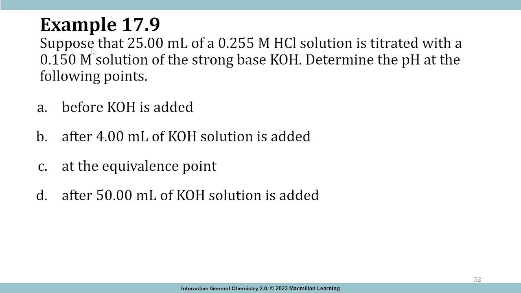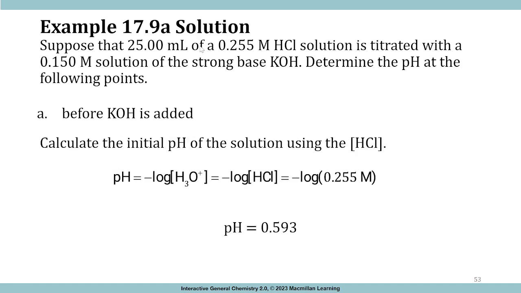This is just the concentration of the HCl, negative log of that. So we take the 0.255 molarity HCl, take the negative log of that, and that gives us our pH right there. Anybody have any questions?